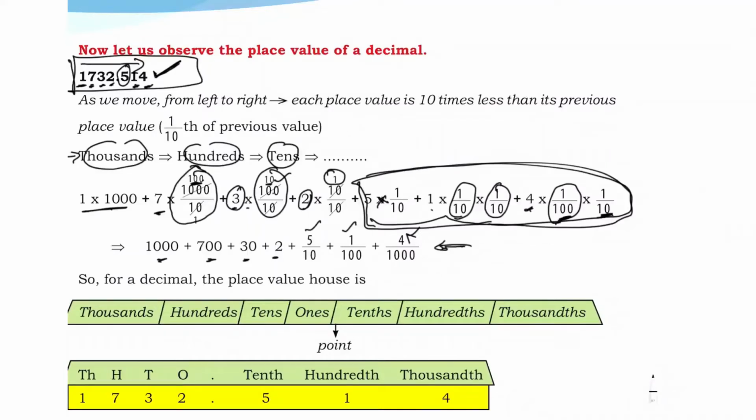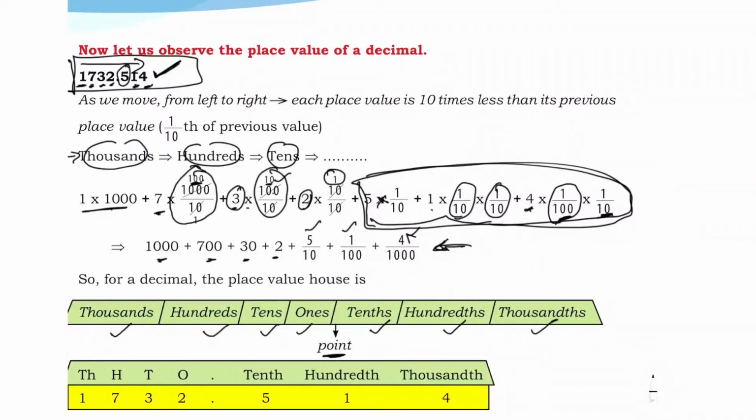Now from this, I want you to look at the place value house for a decimal number. You have the thousands, the hundreds, the tens, the ones. This is like a whole number. After that you have a point, and then you have the decimal part. We have the tenths, the hundredths, and the thousandths. This is the place value house of a decimal number.